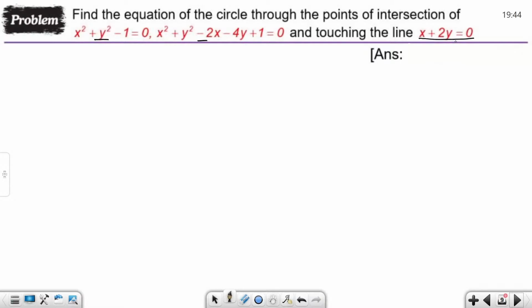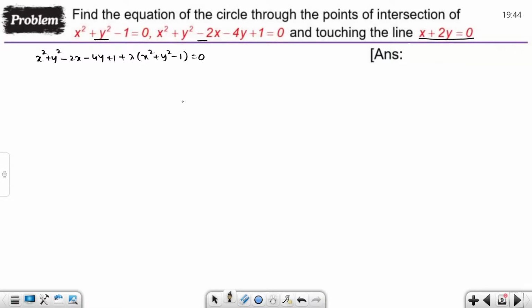It means x plus 2y equals to 0 will be a tangent to that required circle. So any circle which is passing through the point of intersection of these 2 given circles will be written as lambda times x square plus y square minus 1 equals to 0.